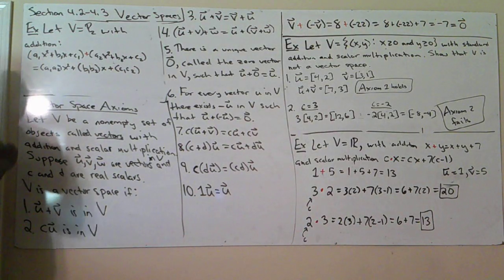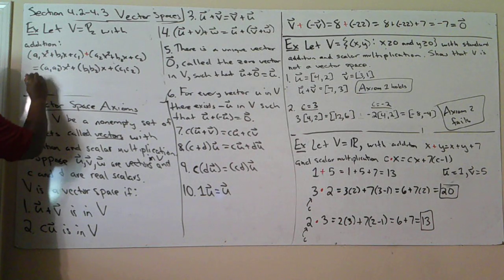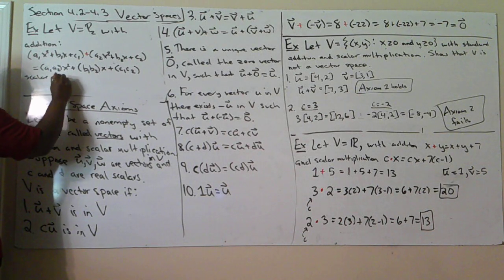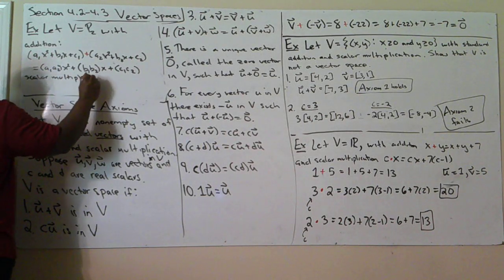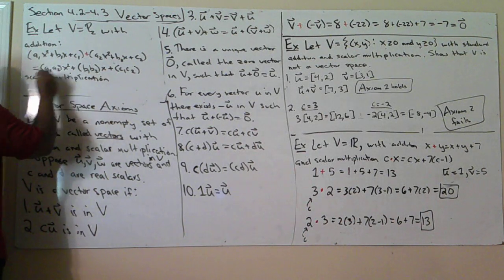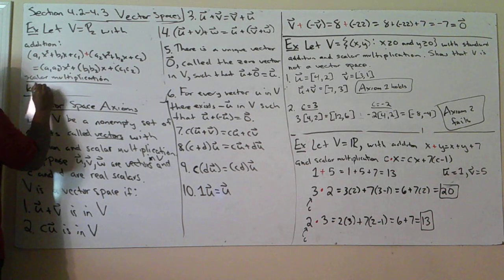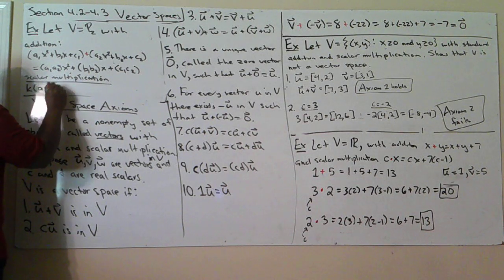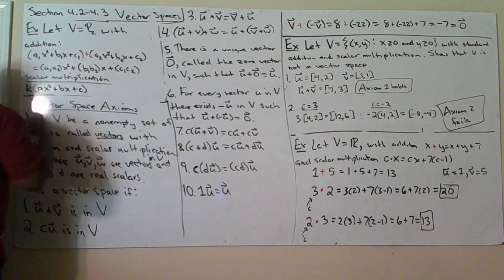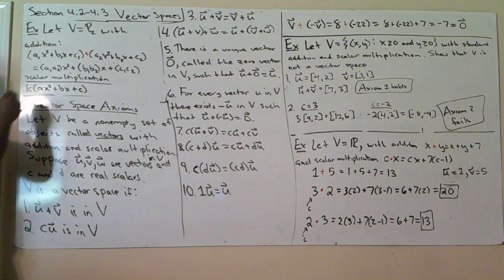And then scalar multiplication. Suppose I have k times a x squared plus b x plus c, and I'll put the little dot here.